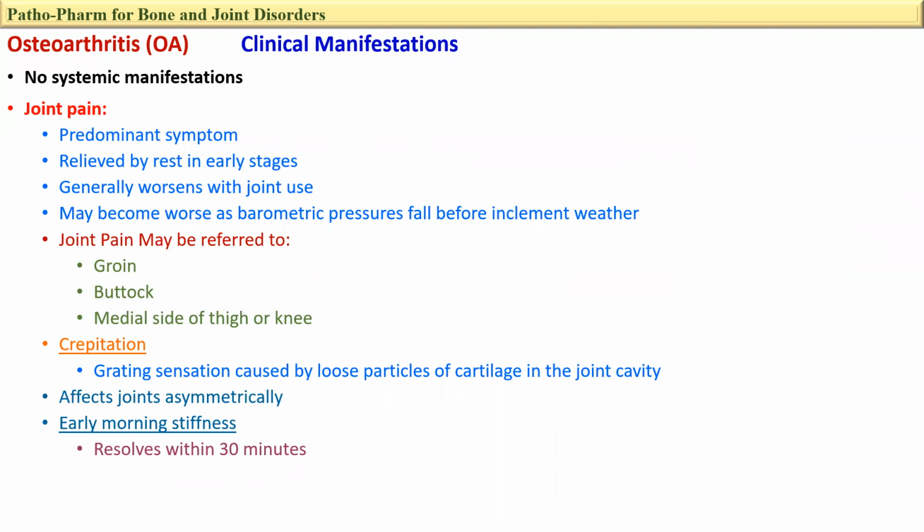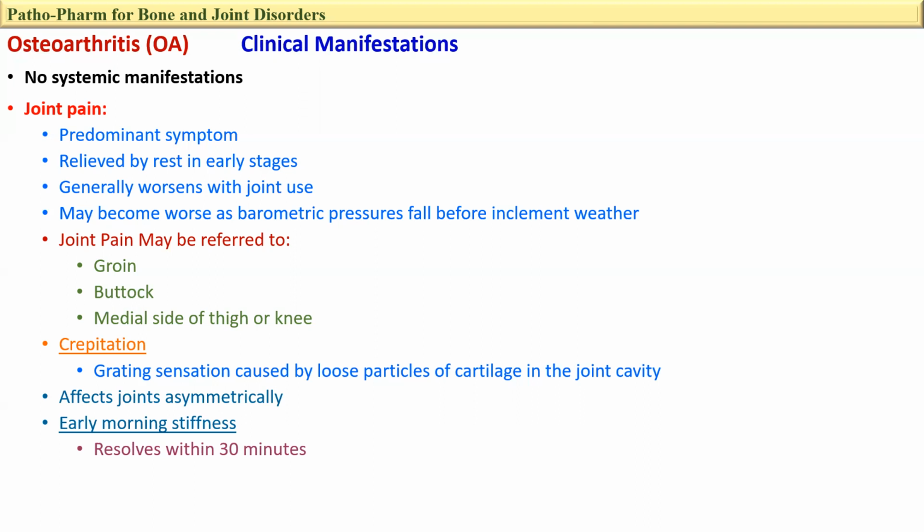The cartilage becomes thin, the central cartilage of the joint becomes very thin, and it may affect the joint by making the joint surfaces incongruent.